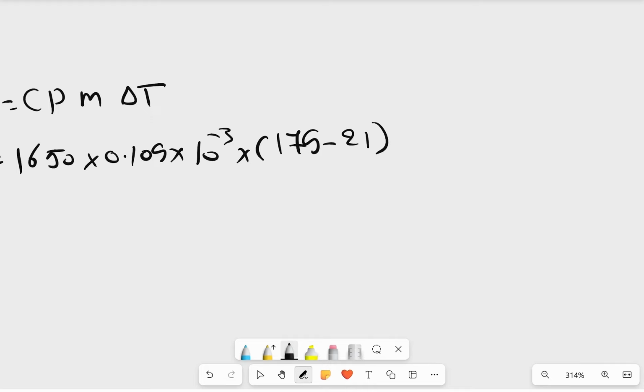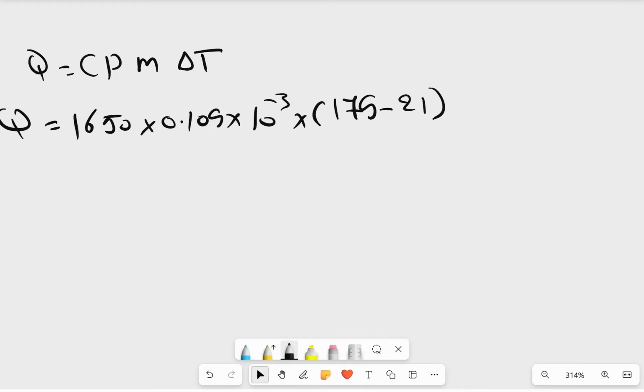Q is going to be equal to 26.68 joules. Is that enough? No.